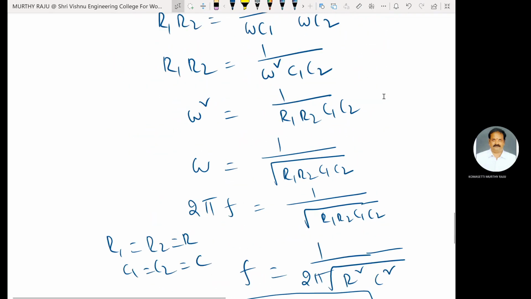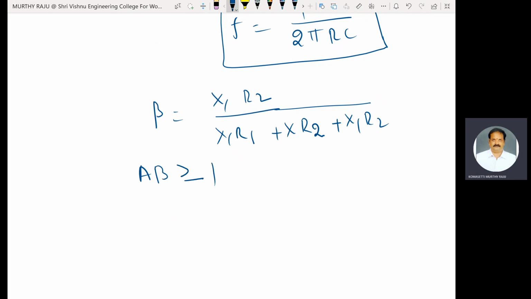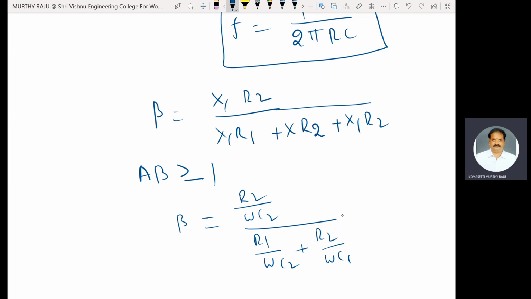Okay, next, A beta is greater than or equal to unity. First, we have to find out the beta value. We know that x1 is equal to 1 by omega C2, that means R2 by omega C2. X1 is equal to 1 by omega C2, that means R1 by omega C2. X is equal to 1 by omega C1, that means R2 by omega C1. X1 is equal to 1 by omega C2, that is R2 by omega C2.